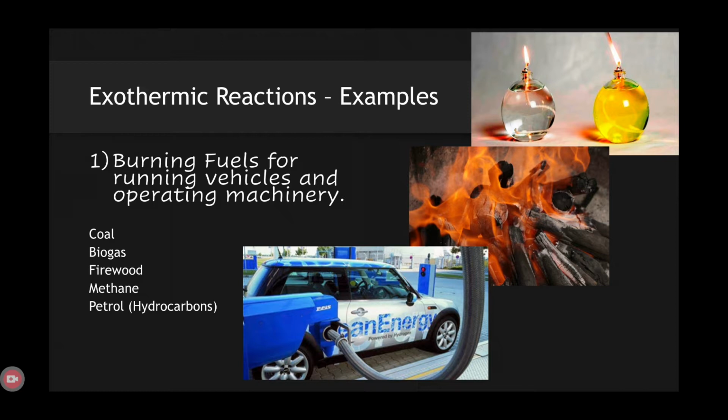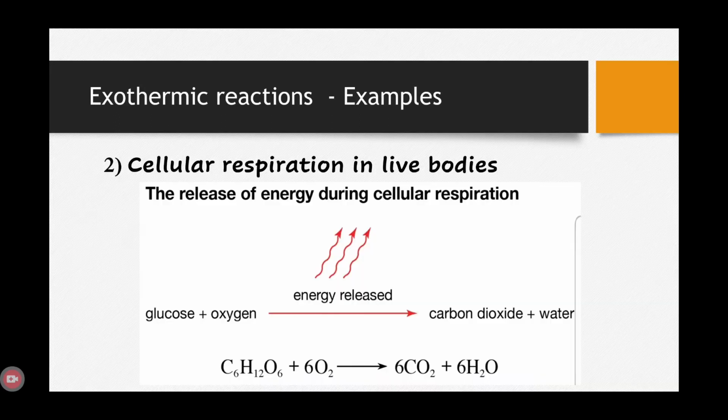We use some oils, engine oils, and a carburetor in vehicles. We add water. Then what are the fuels we use for the burning process to produce energy? Coal, biogas, firewood, methane, petrol. Those are the burning fuels we use to produce energy for vehicles and to operate machineries.